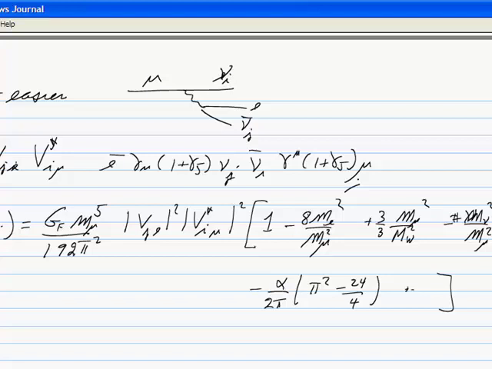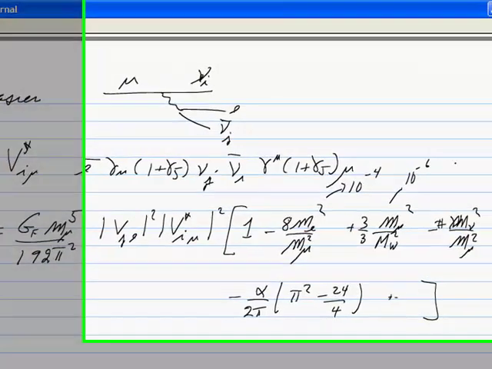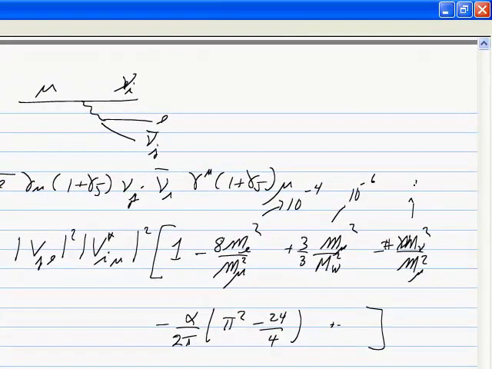Most of these are small. This guy is 10 to the minus 4. The electron muon mass is very small. The propagator correction is of order 10 to the minus 6. The neutrino mass correction is of order 10 to the minus 15. So that's pretty negligible.